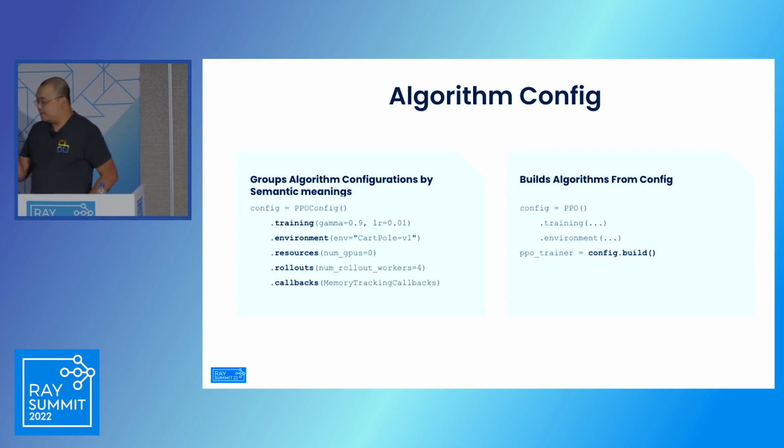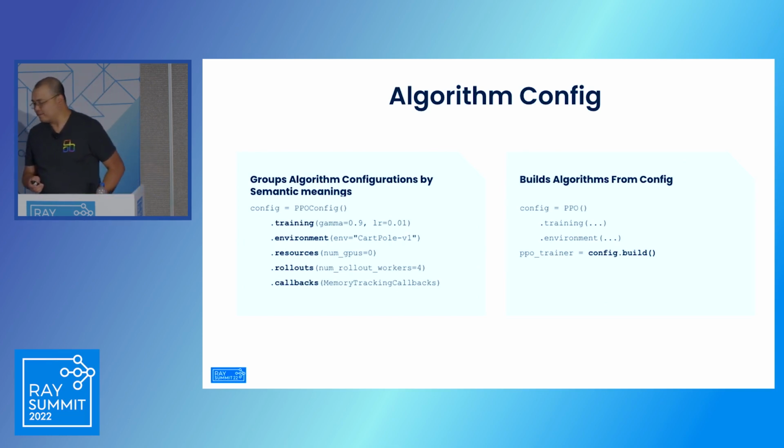At the end, you can simply call the build function on this configuration object and you get a PPO trainer back, whereas previously you would have to do PPO with config equal to some dictionary.